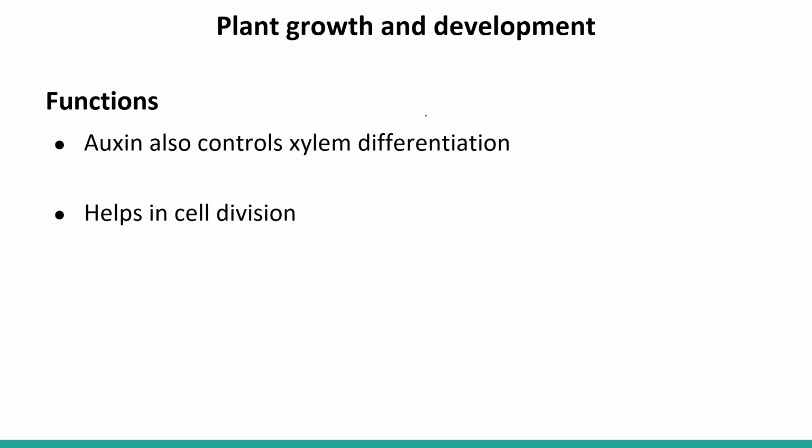Now coming to the next function, auxins control xylem differentiation. Xylem differentiation means initially the cells were undifferentiated, and they undergo differentiation. Auxin is involved in differentiation, and they form mature cells.